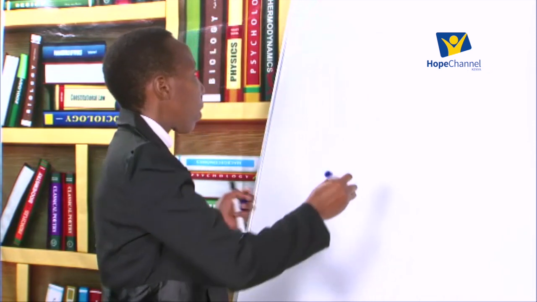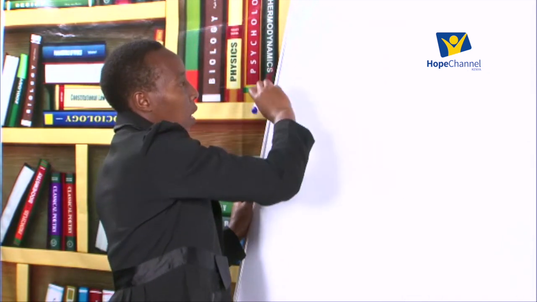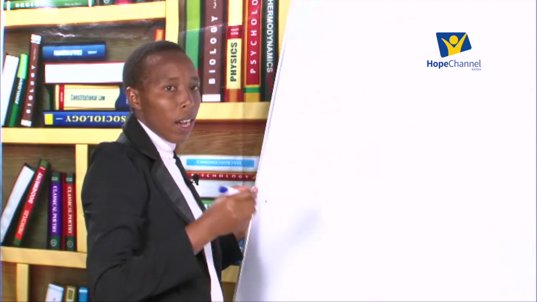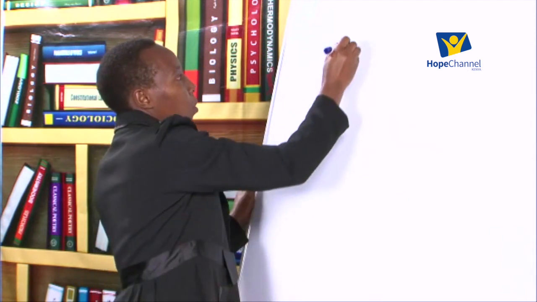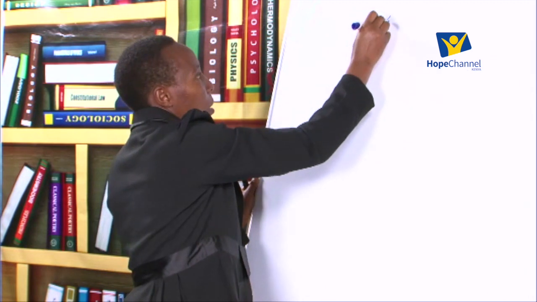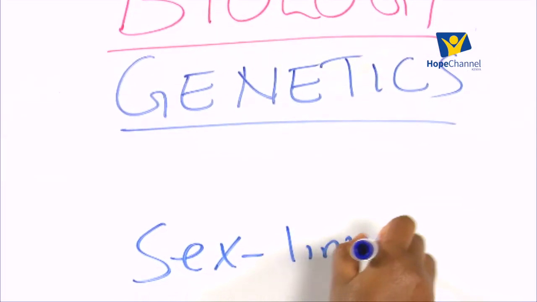We went further and explained about sex-linked characteristics, and we said that we have genes that are located on the sex chromosomes, and because of that, we call them sex-linked genes.